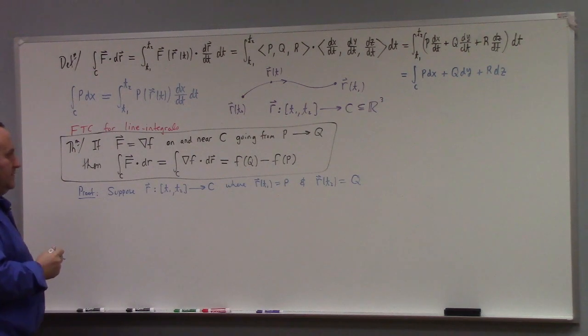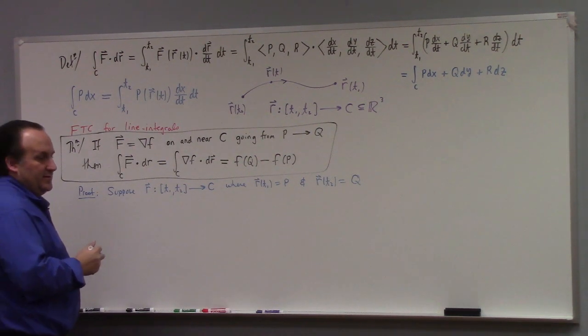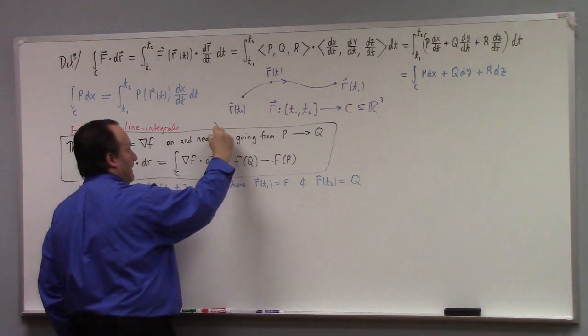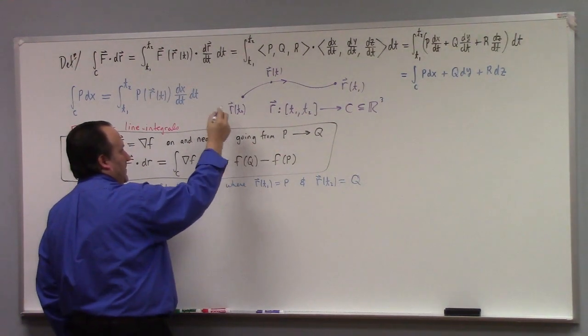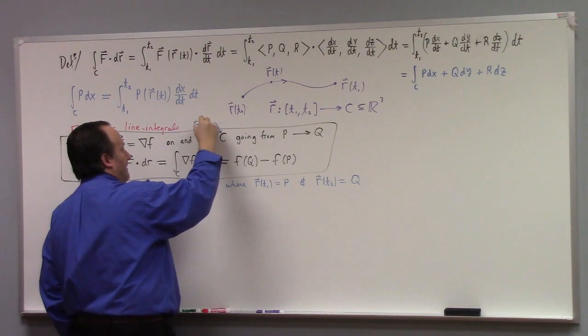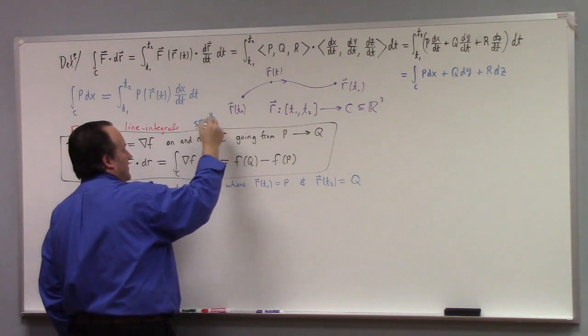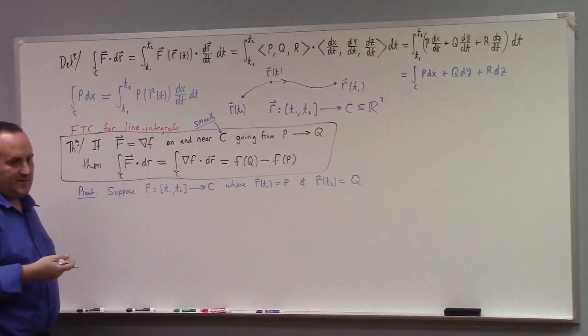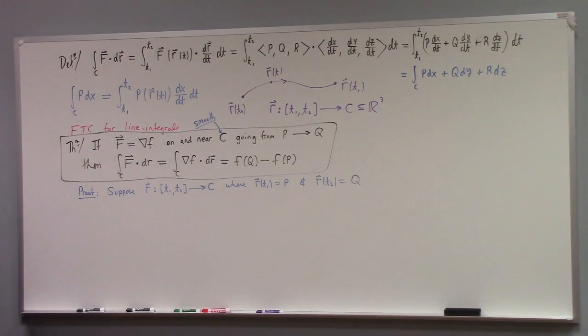And furthermore, I should clarify, what kind of path am I talking about here? This better be a smooth path, okay? I mean, that's a little bit too greedy. It really probably suffices for it to just be once differentiable, but certainly the derivative of the parameterization needs to exist for what I'm about to do, okay?